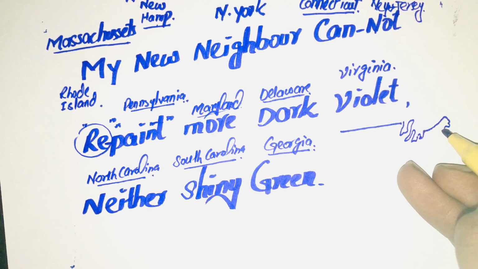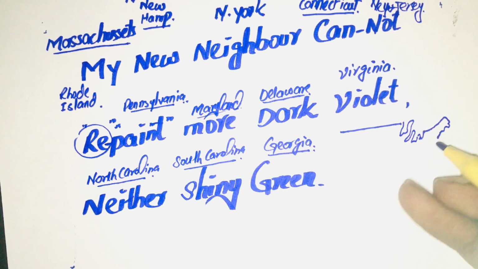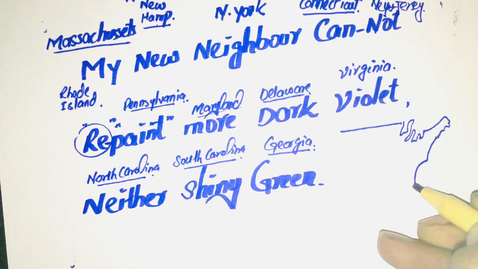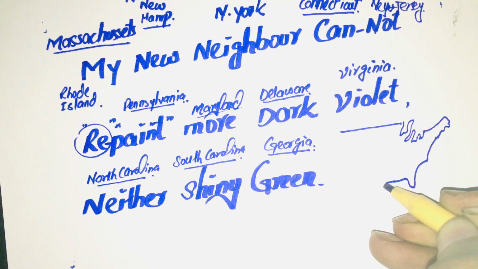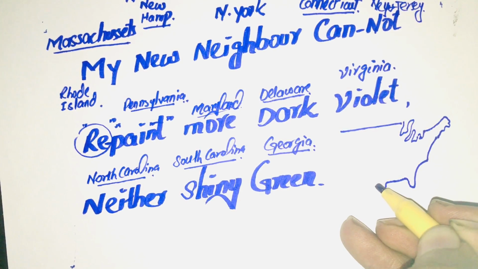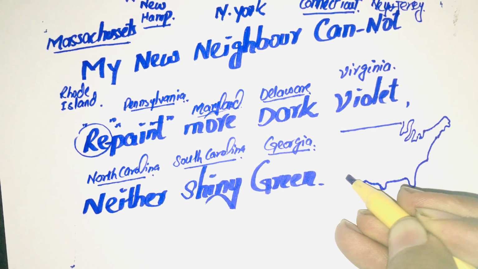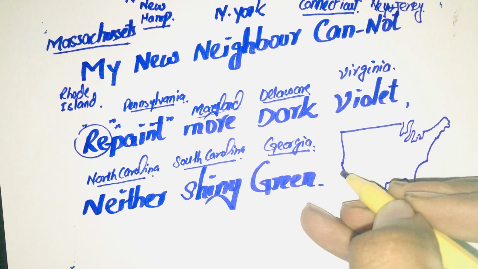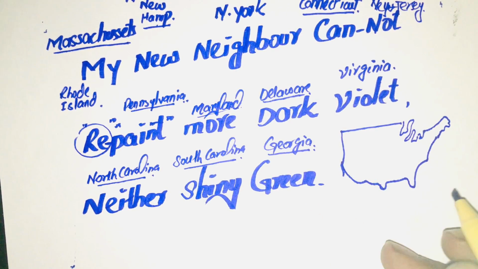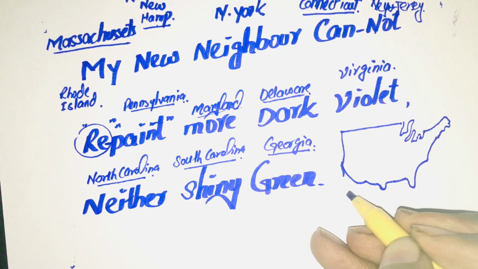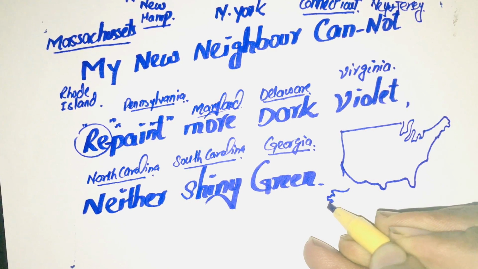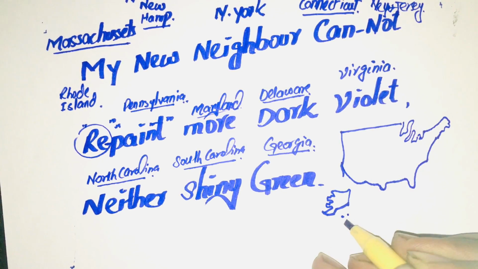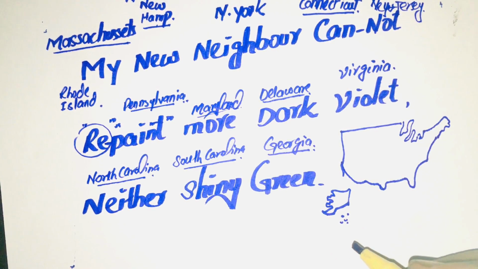Then I draw the US map. So this is the USA map.